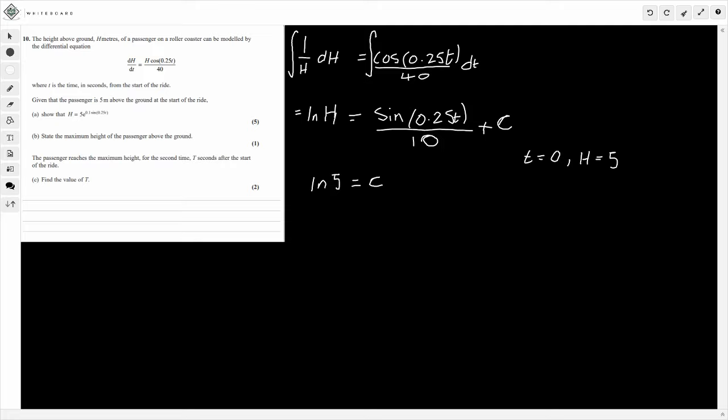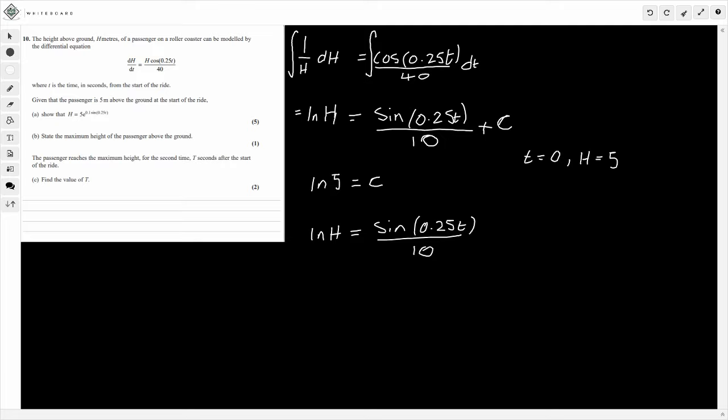So what we know now is that ln h is equal to sine of 0.25t, divided by 10 still. And then wherever we've got the plus c, we know it's ln 5.